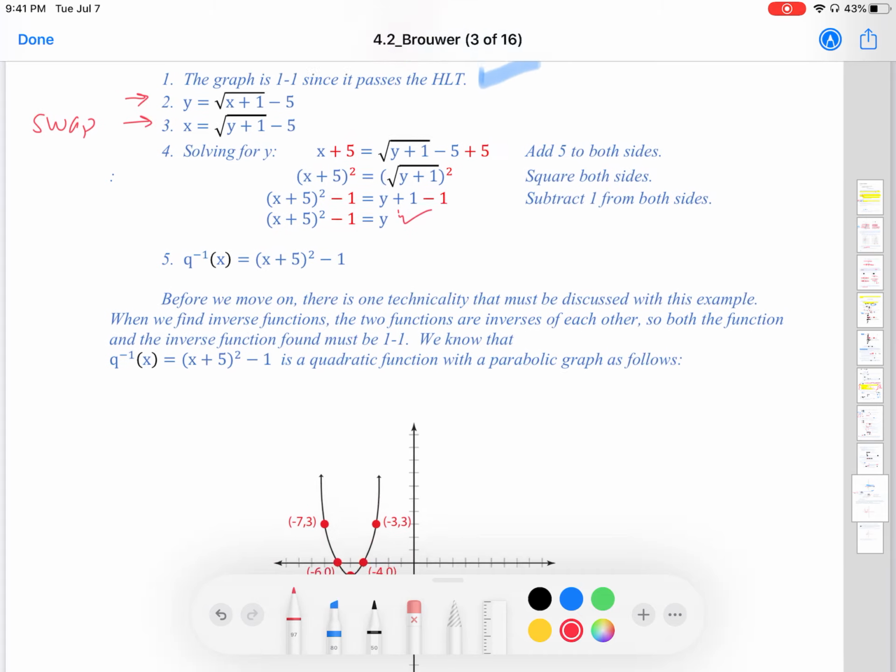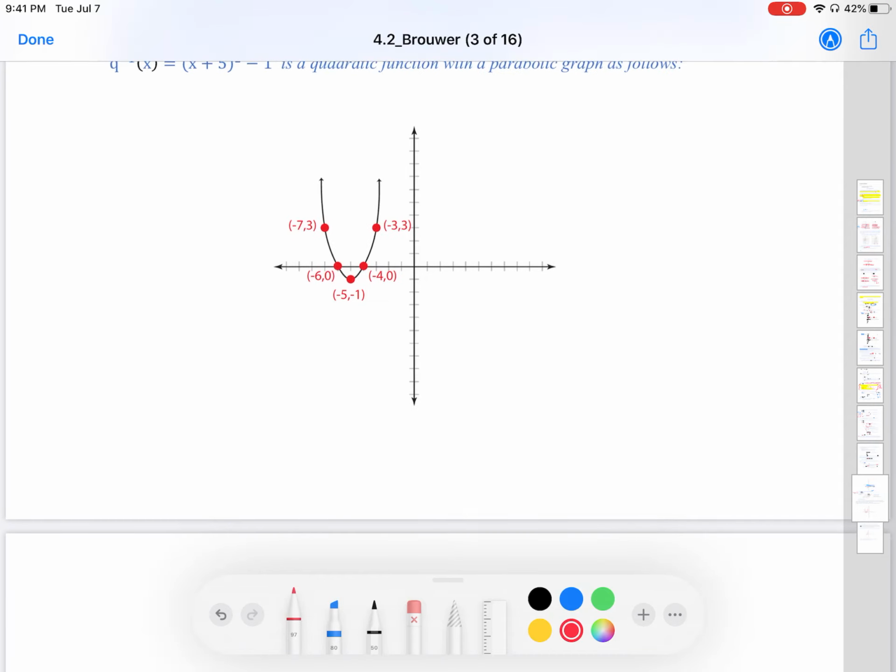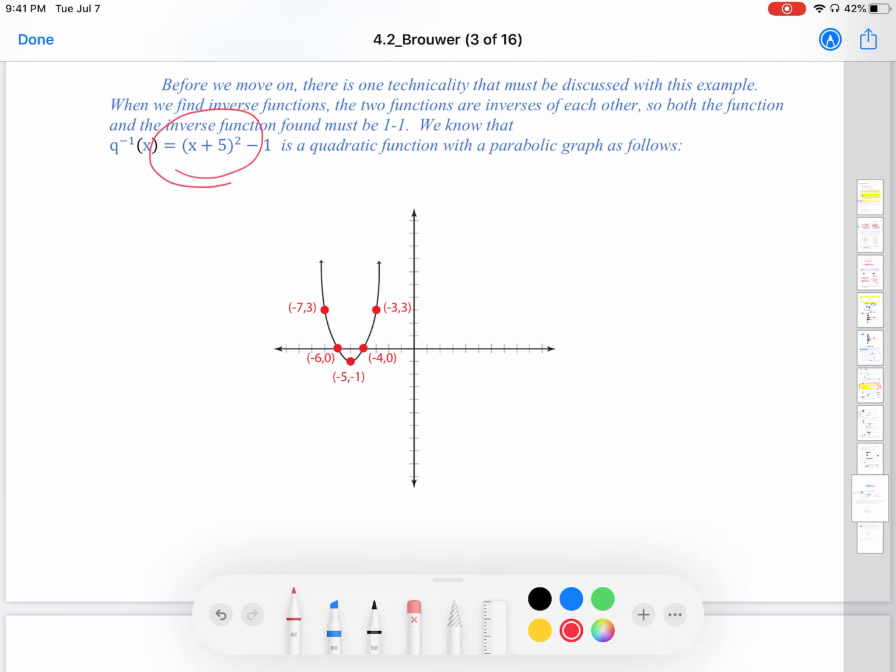Before we move on, there is one technicality that must be discussed with this example. We find the inverse function, and since the two functions are inverses of each other, both of the functions must be one-to-one. We know that the inverse is a quadratic with a parabolic graph as follows, right? We have a square.